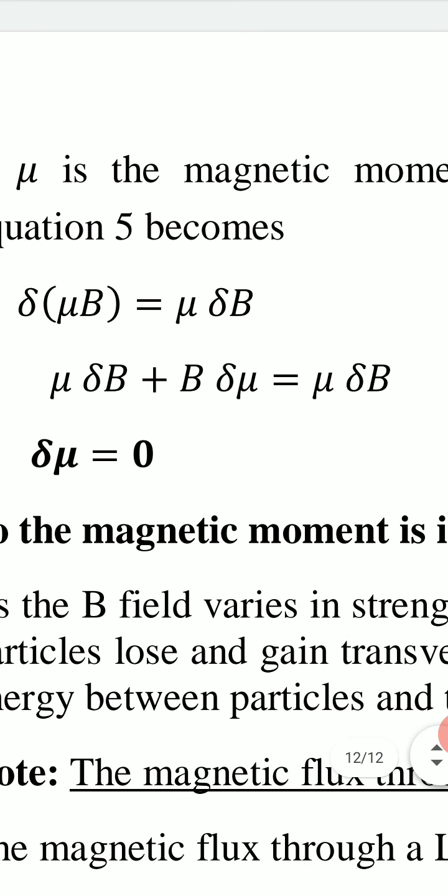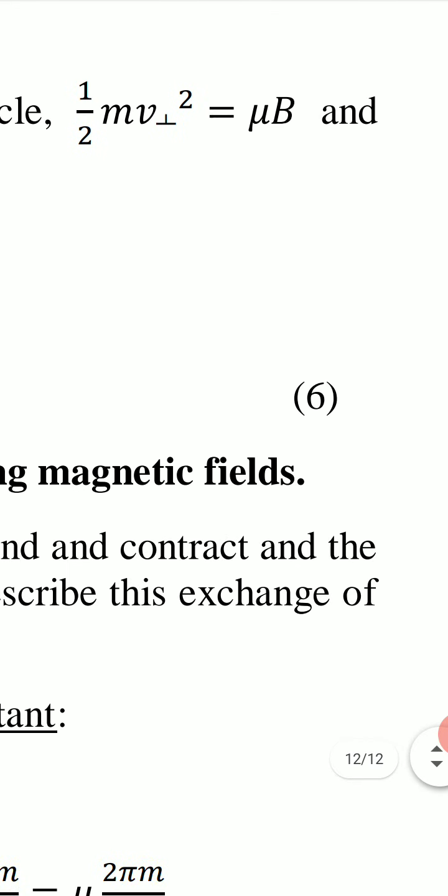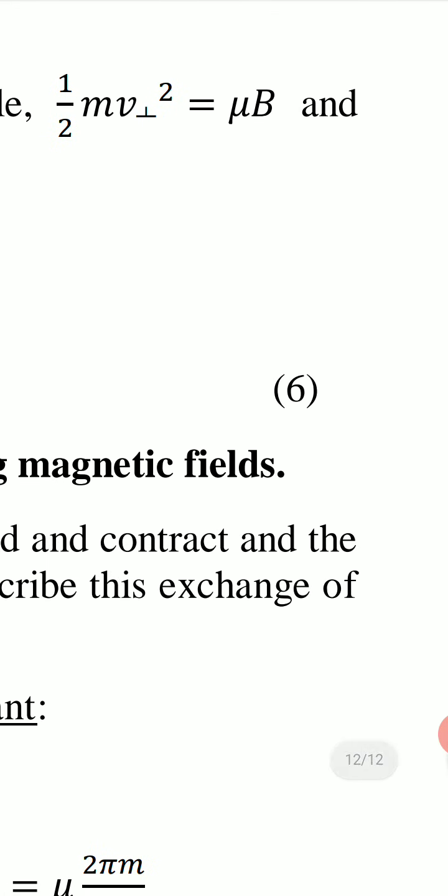If mu is the magnetic moment of the gyrating particle, then we can write half m v perpendicular square equal to mu b. If a charged particle having magnetic moment mu is placed in magnetic field b, then its potential energy is given by minus mu vector dot b vector.